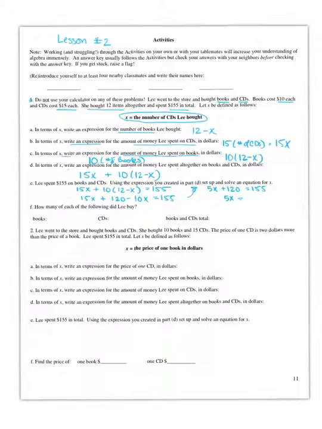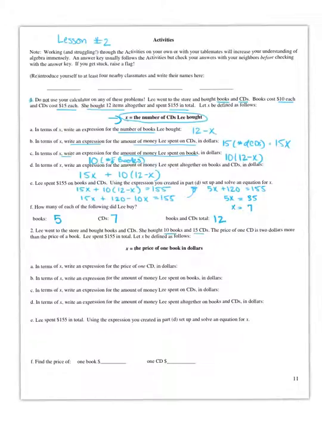Moving the 120 to the other side. And X is equal to 7. Remember, X was the number of CDs Lee bought, so Lee bought 7 CDs and 5 books, for a total of 12 items.